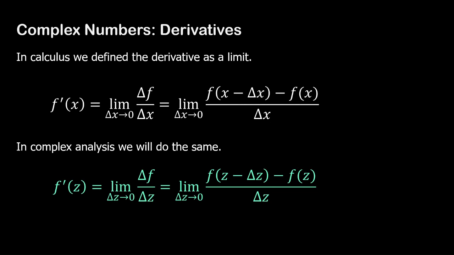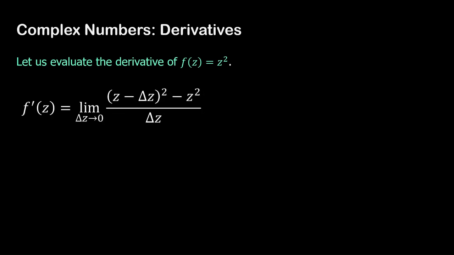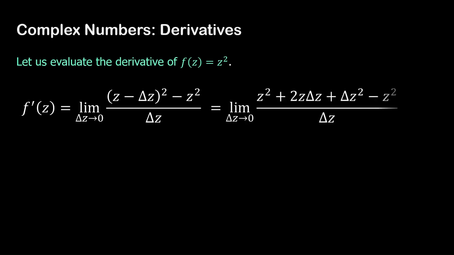Let's do an example. Evaluate the derivative of f(z) equals z squared. Applying the formula, we will have the limit as delta z tends to 0 of z squared plus 2z delta z plus delta z squared minus z squared all over delta z.